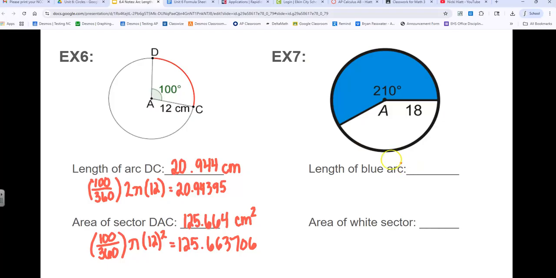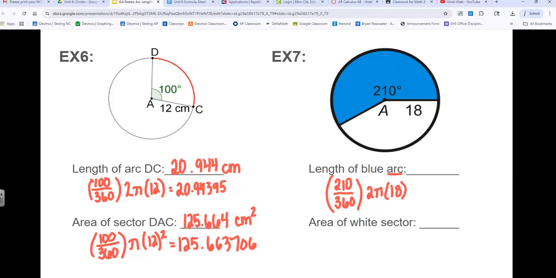Okay. For the next one, I'm asked for the length of the blue arc. So this blue central angle here is 210 degrees. So I would need to do 210 out of 360. And since I'm looking at the arc, I want to multiply by circumference. In this case, that's 2 pi times 18.